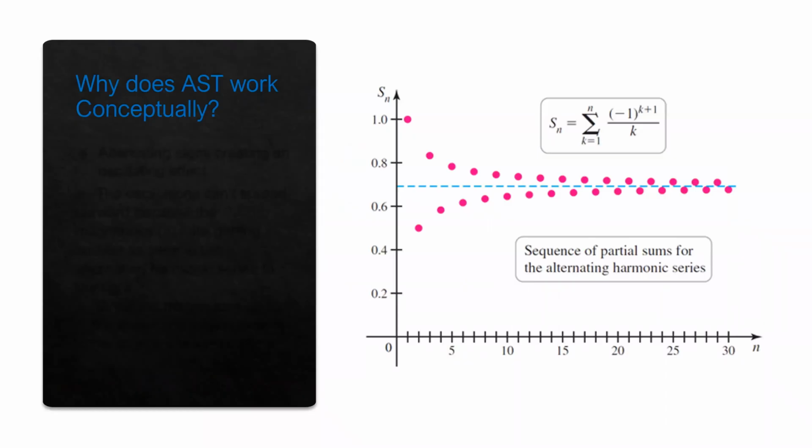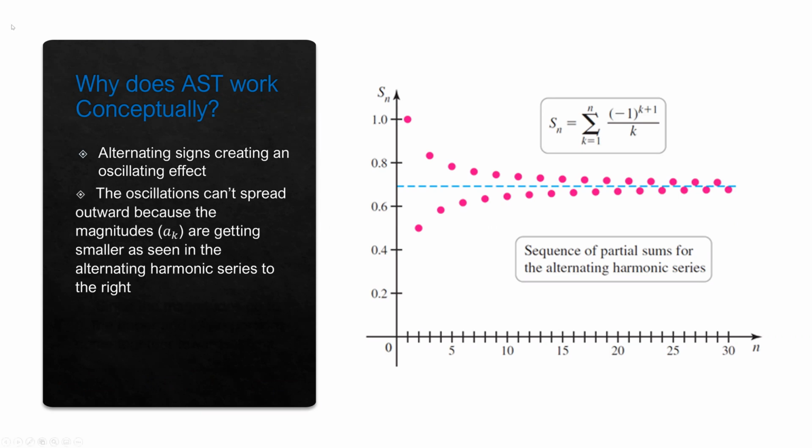Now, why does the alternating series test work, conceptually speaking? Well, if you have alternating signs, it goes up and down, creating this oscillating effect. And the oscillation doesn't grow outward because the magnitudes of the terms are getting smaller and smaller.